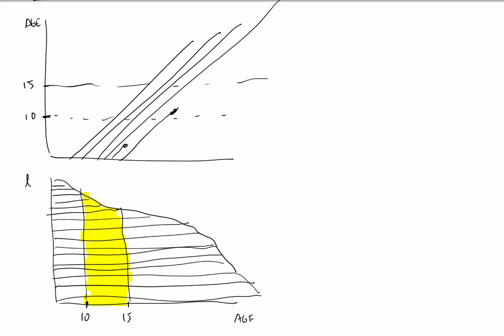Some of them up here died within this 10 to 15 year age interval. Fortunately, some of them lived long and happy lives, and they died out here. So you'll recognize that this area in yellow, that's just the area underneath this L of x curve.